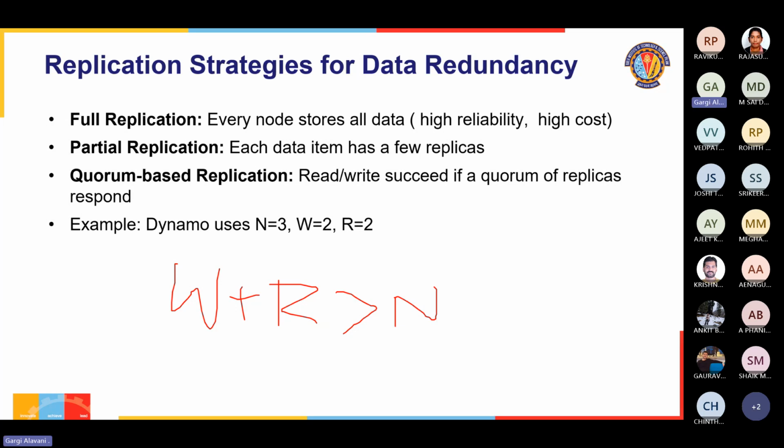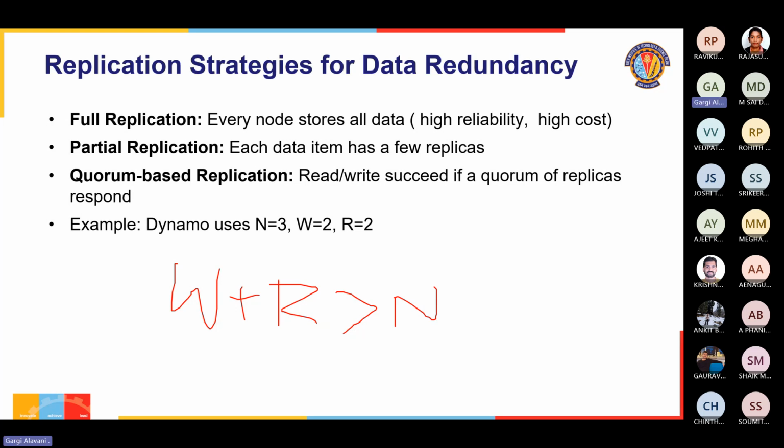W is equal to 2, meaning a write must be confirmed by at least 2 replicas. R is 2, so a read must get data from at least 2 replicas. This gives a balance between availability, consistency, and fault tolerance.